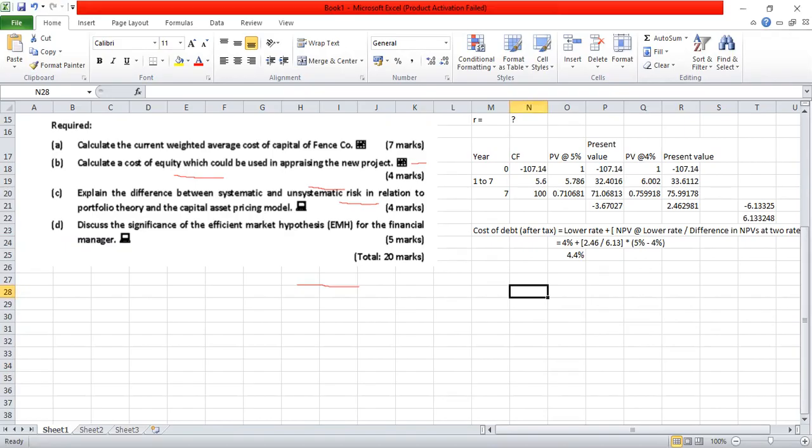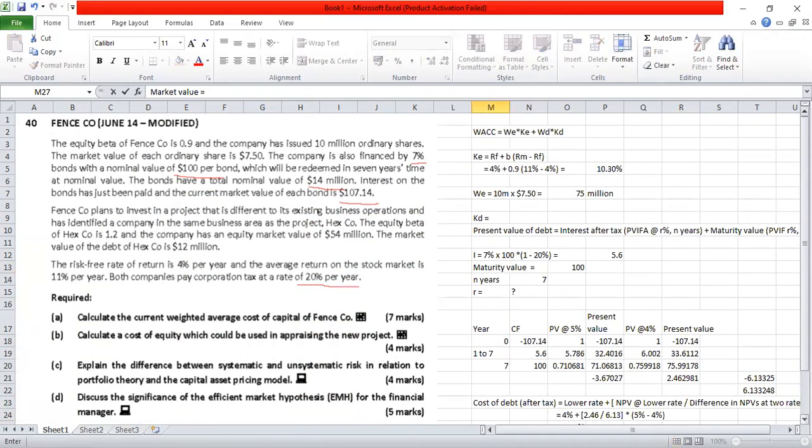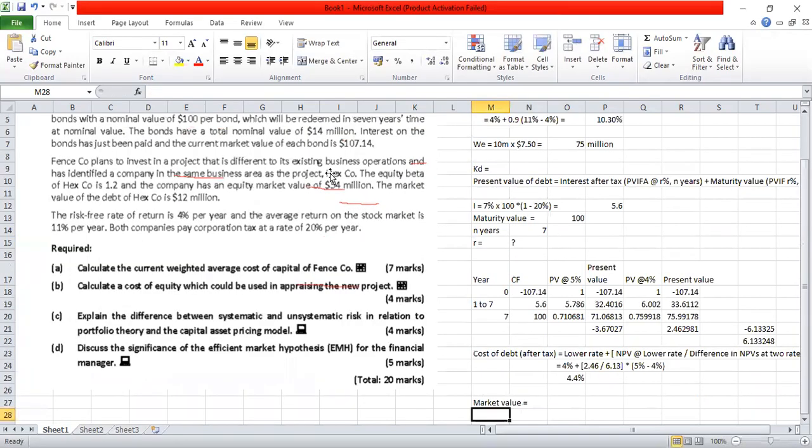Can you tell me what is the market value? The current market value of each bond is 107.14. So for all the 14 million bonds, how much would it be? Okay, that is the point here.